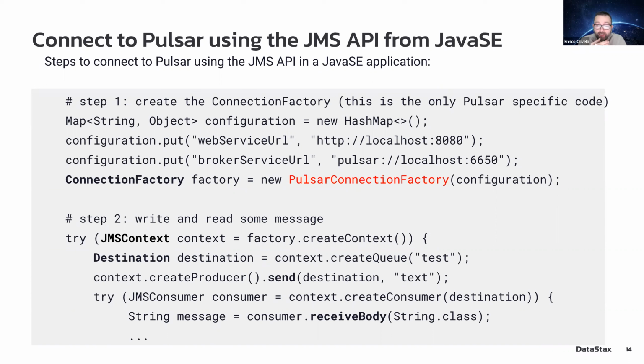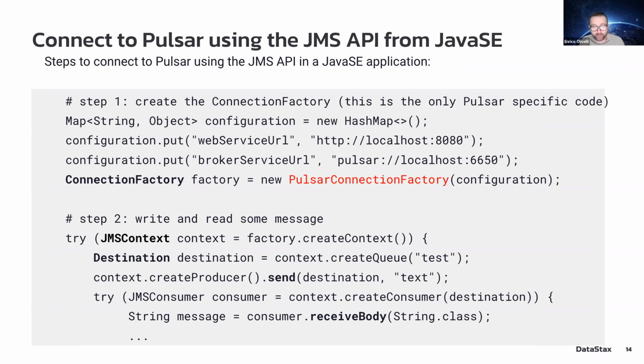Usually, you provide the connection properties for your Pulsar cluster. The HTTP API is usually used for lookups, for service discovery, and the binary protocol URL is for binary data. Most of the time you just have to provide one of the two URLs. It depends on your cluster.